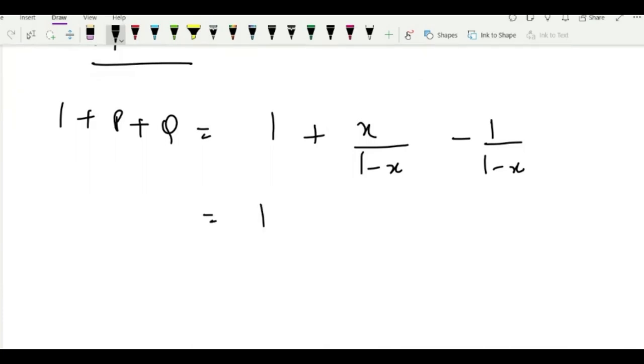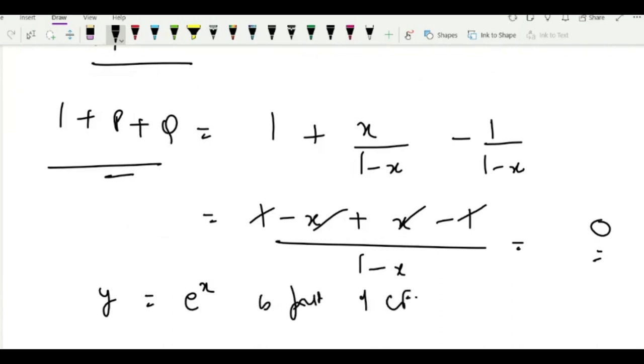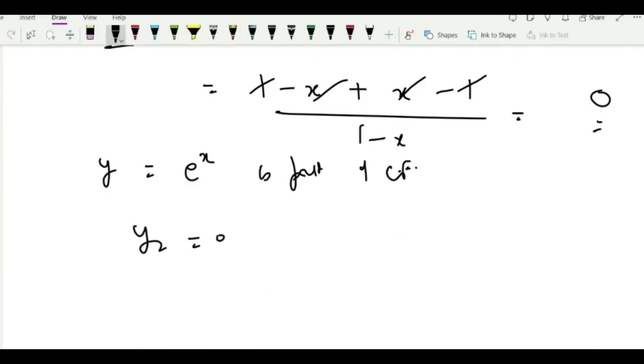So here we get 1 minus x, x minus 1 upon 1 minus x, that will cancel out and we will get 0. Again, as 1 plus p plus q is equal to 0, we get y is equal to e raised to power x is part of CF. So we can take the second independent solution as y2 equal to e^x.